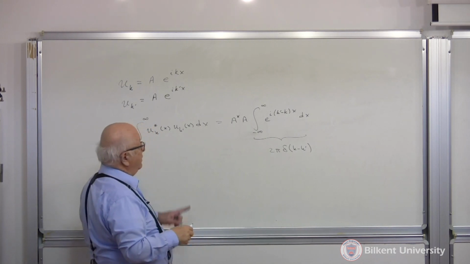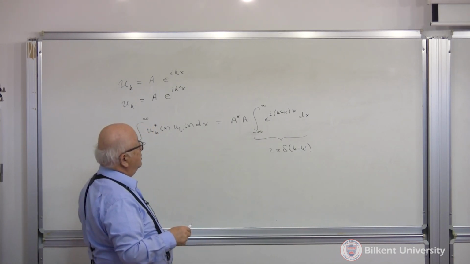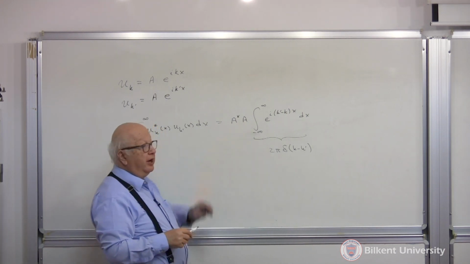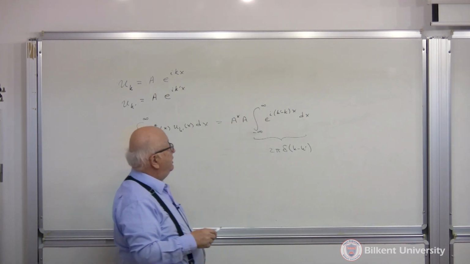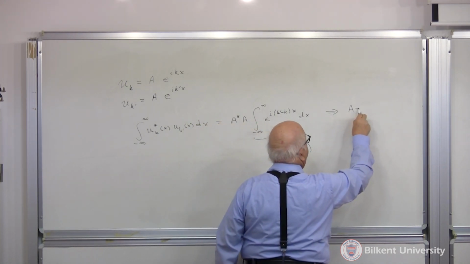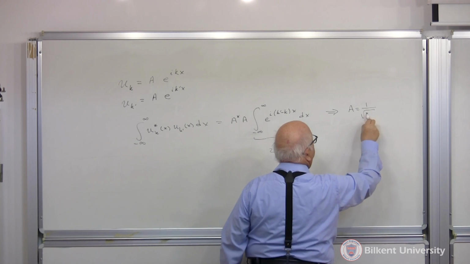If I want to then normalize this thing properly, I don't want this factor 2 pi. So what I do is I choose A to be real and positive, and I choose A to be 1 over the square root of 2 pi.